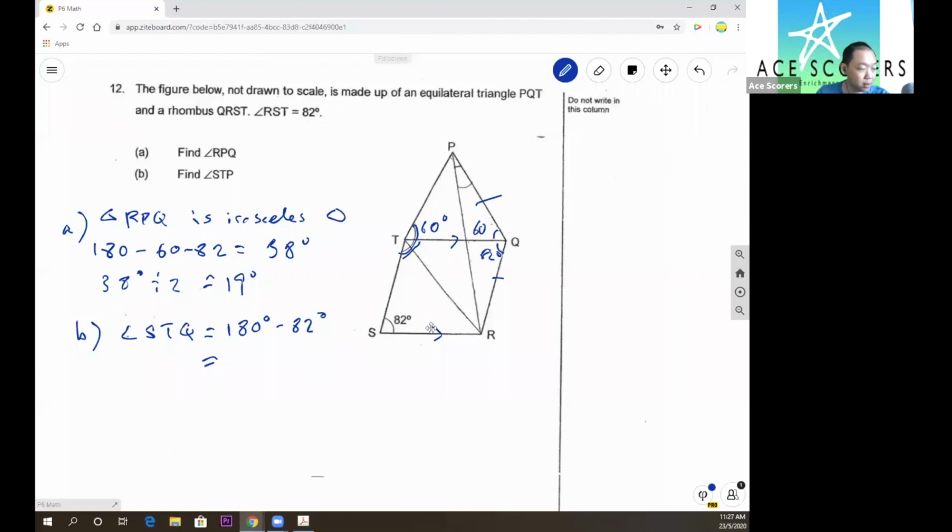So 180 minus 82, 98 degrees. So this one is 98 degrees. Okay, so 98 degrees there, plus 60. So angle STP is 98 plus 60, 158. Okay, and that's the final answer for this particular question.